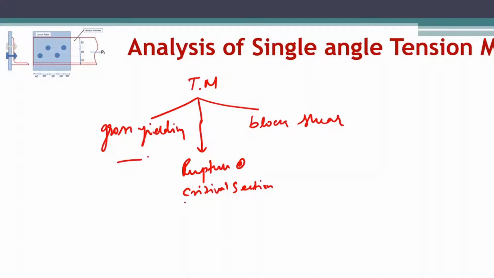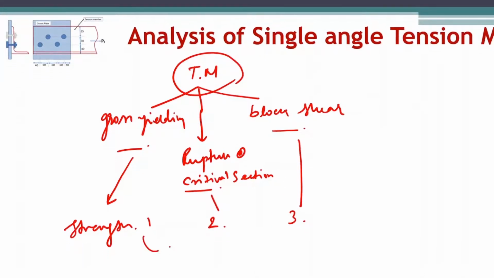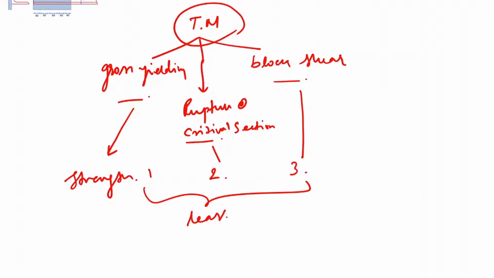So these are the three different modes of failure the tension member may undergo, and we are here to find out the strength in gross yielding, the strength in rupture, and the strength in block shear. Whichever is the least among the three is considered as the strength of the tension member. Now let's calculate the strength of the tension member due to gross yielding.